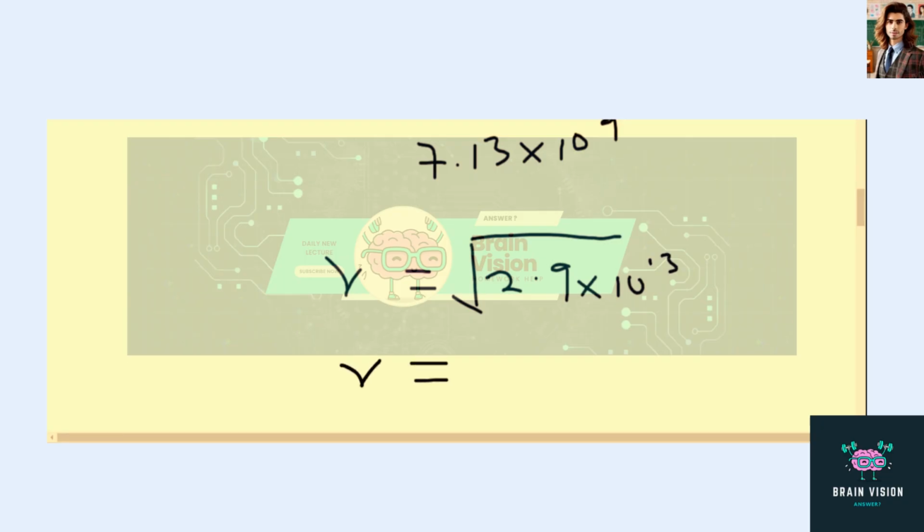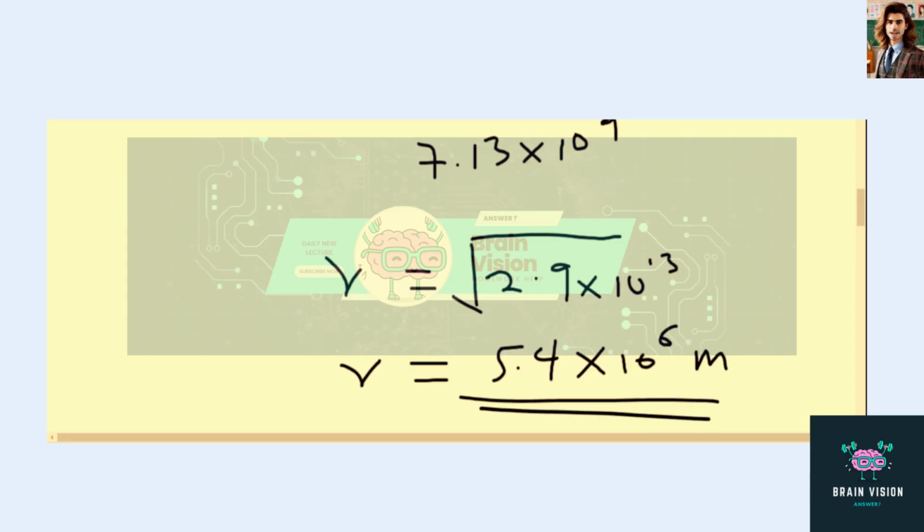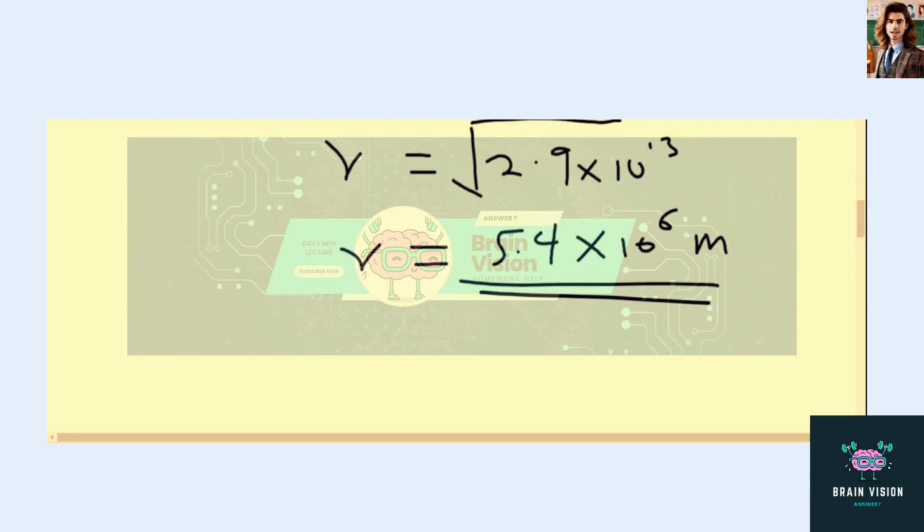So this should give us a radius of about 5.4 times 10 to the power 6 meters. This is the radius of the Procyon star.